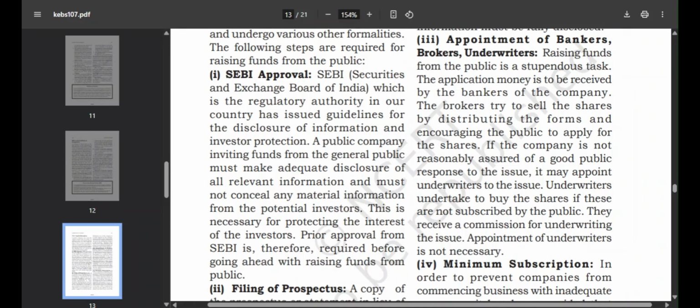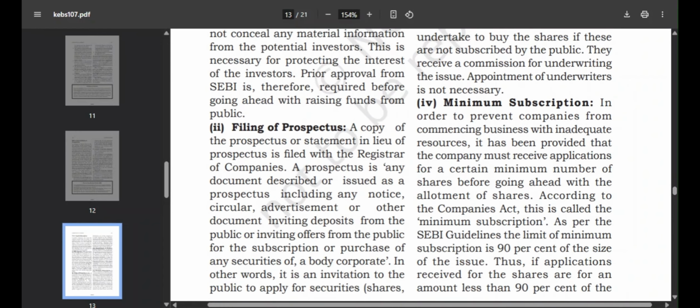Fourth step is your minimum subscription. All these steps are to raise funds for the public company from the public. In order to prevent companies from commencing business with inadequate resources, a company has to receive applications for a certain minimum number of shares before it goes ahead with the allotment of shares.